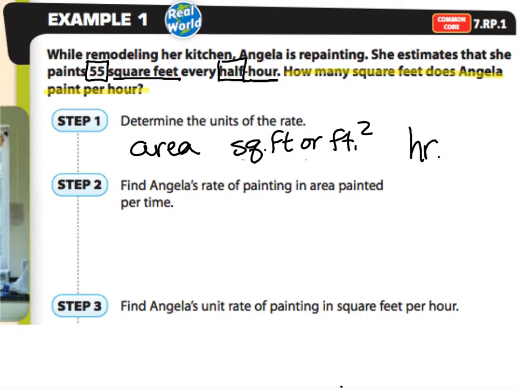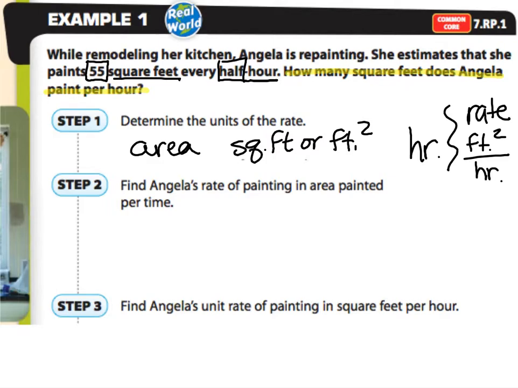Okay, so then the rate, I shouldn't have written so big. My rate is going to be square feet per hour. And I'm going to write it like this since I'm running out of space here, not as a big blob. Okay, so my rate is going to be how much per time, so square feet per hour.